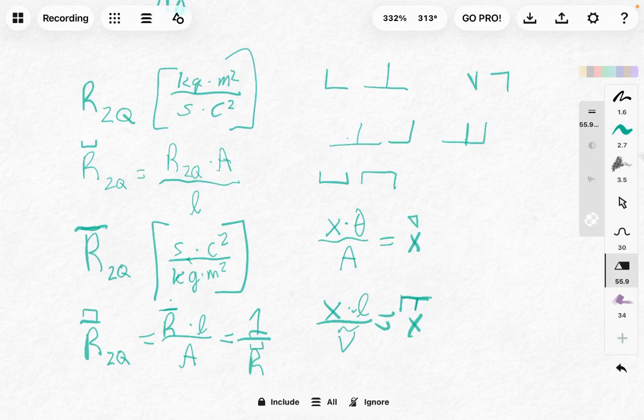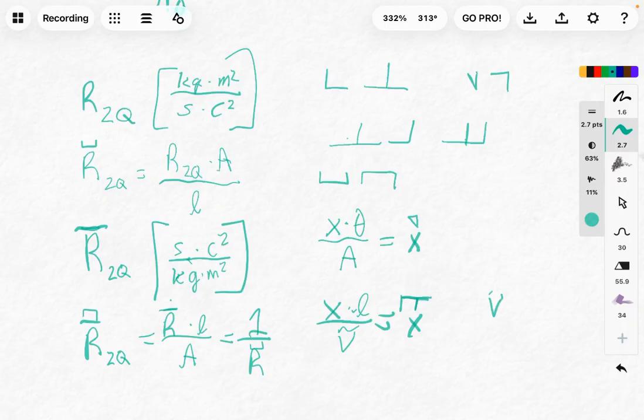And with that being said, when we invert this, so we are writing volume over X times length now. We have inverted X, and we will multiply by volume and divide by length.